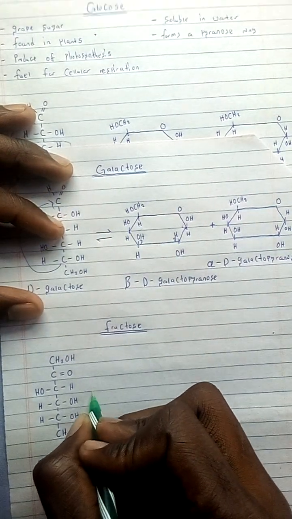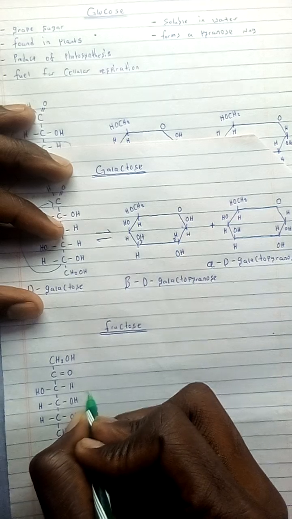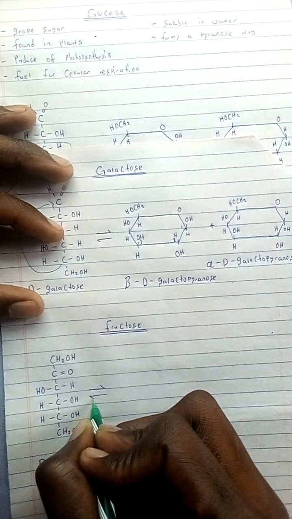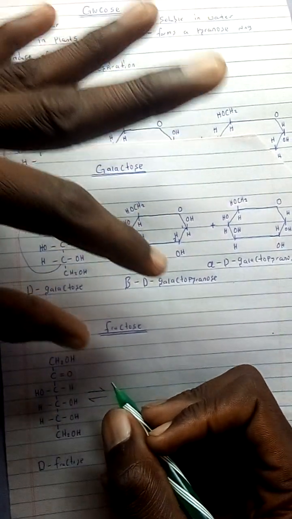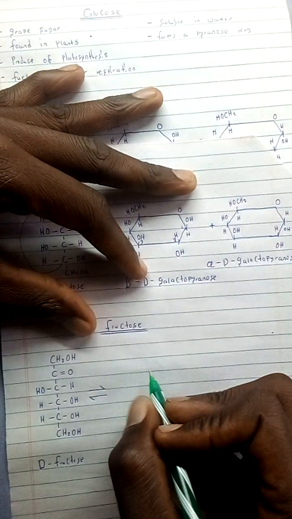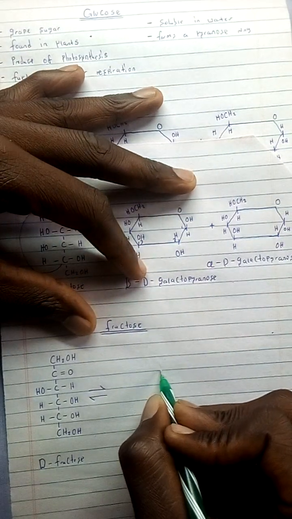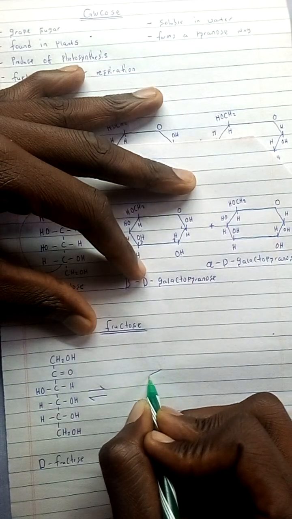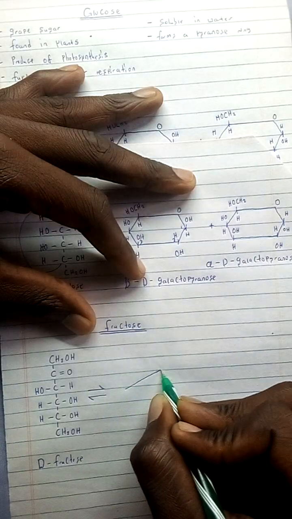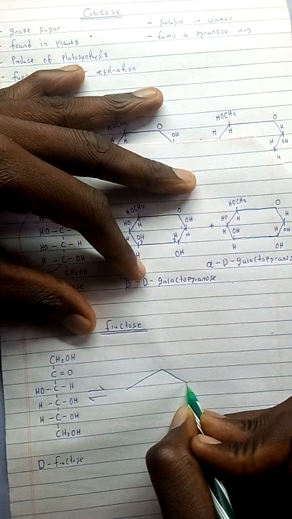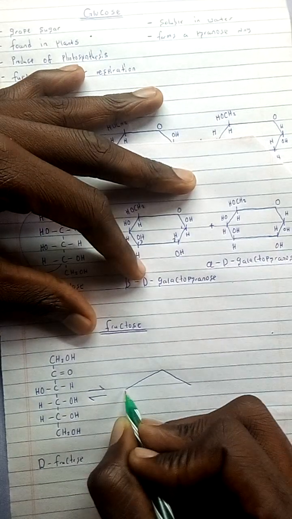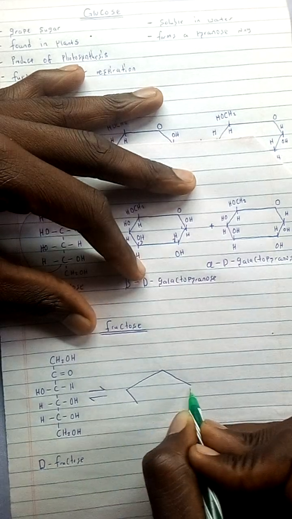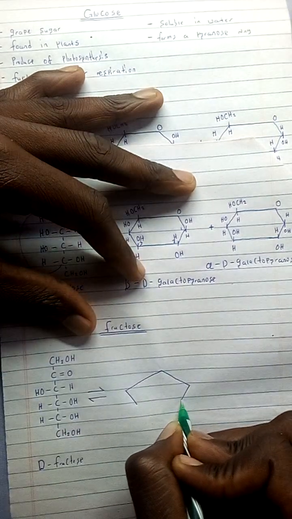So this is actually the structure. We'll start with the beta form, though the drawing for these is a bit different from those of pentose sugars.